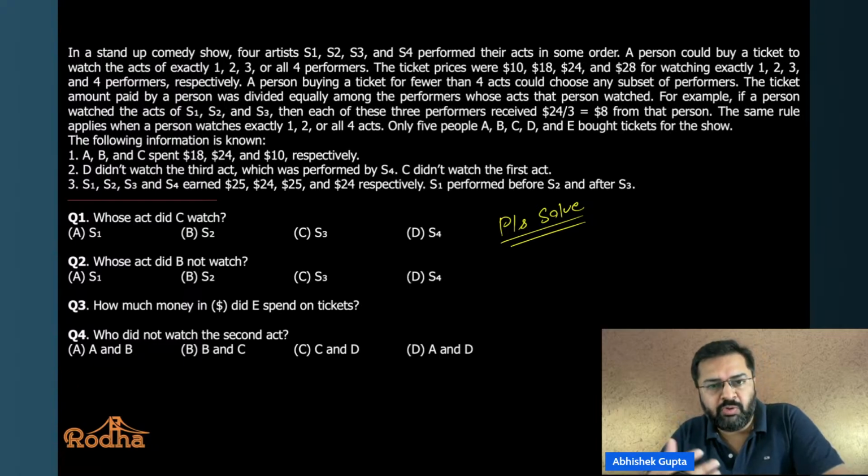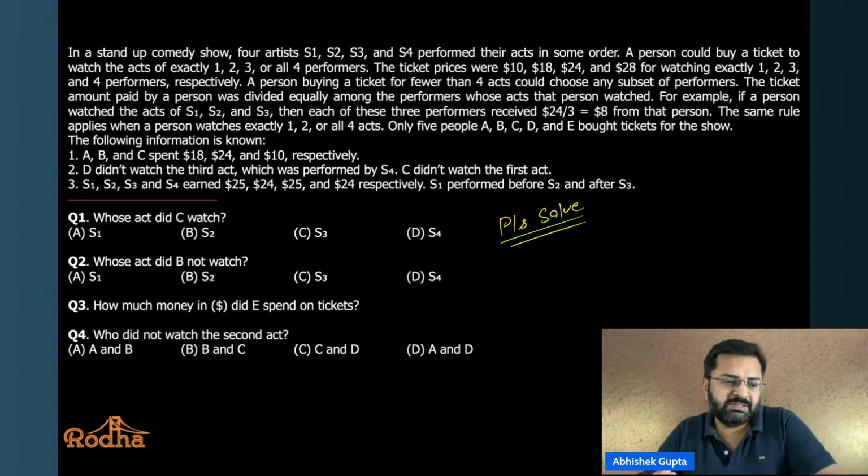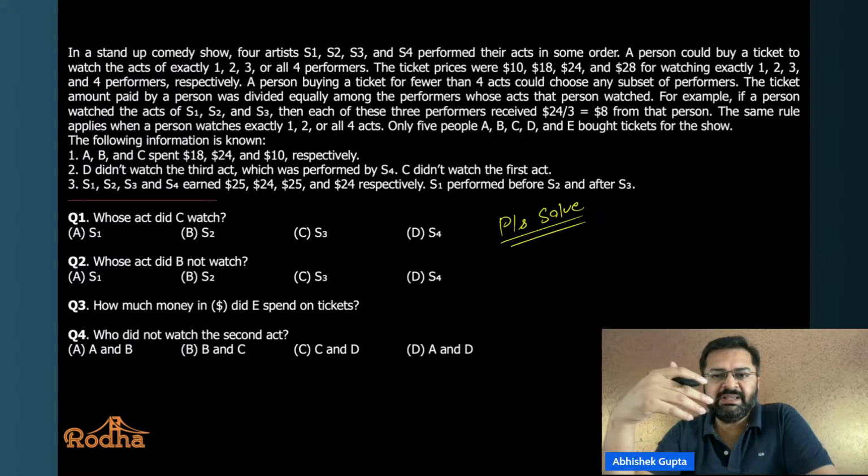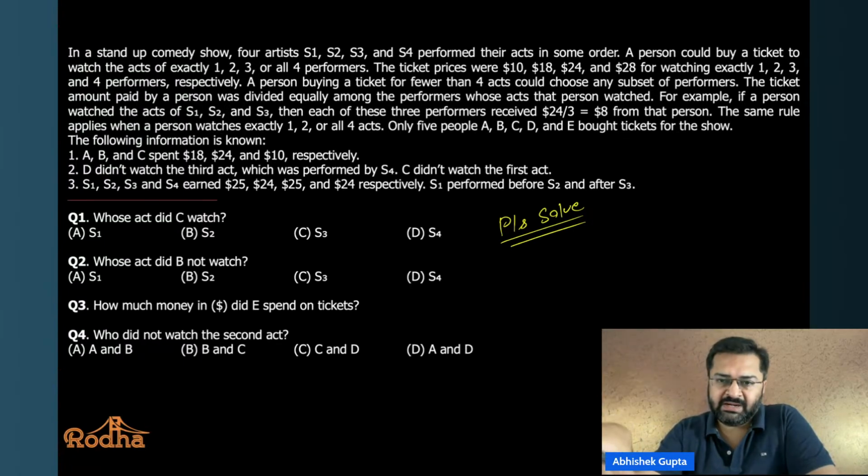Because S1 performed before S2, and after S3. So S3 must have started and then S1 and then S2. Among these three, that is the meaning. After S3 means S3 did the act first, and then after that, at some point, S1 did. That is the meaning.